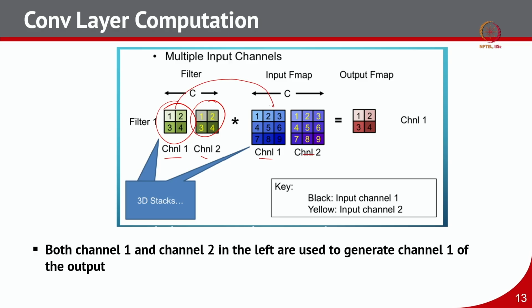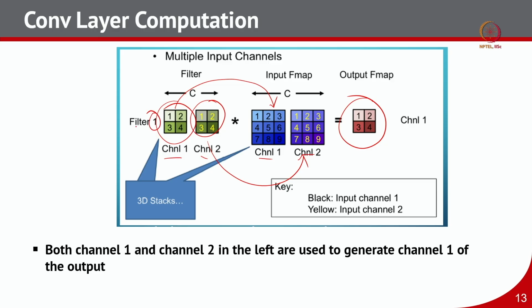Now, as I was saying, if we have 2 channels, the first channel of the kernel will get convolved with the first channel of the input feature map, and then the second channel of the kernel will get convolved with the second channel of the input feature map, right. Then the convolutional outputs from both channels will get added to obtain this output feature map. That is one channel of the output feature map, because we are just talking about one filter, right.